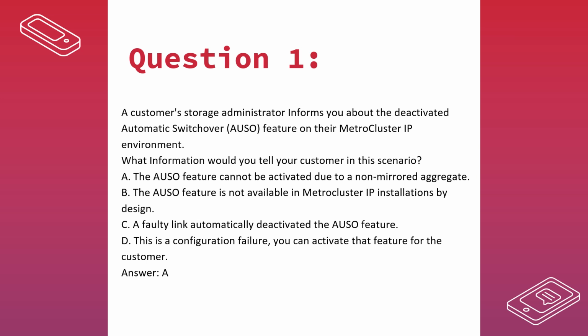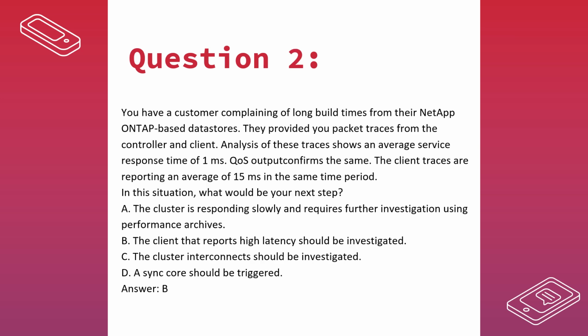B. The AUSO feature is not available in MetroCluster IP installations by design. C. A faulty link automatically deactivated the AUSO feature. D. This is a configuration failure. You can activate that feature for the customer. Answer: A.